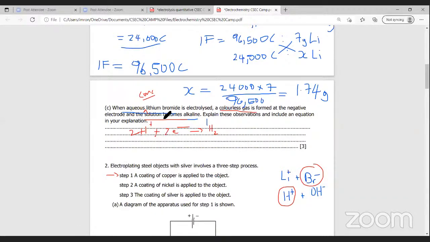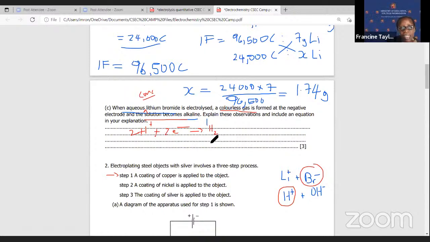It's only when you're explaining why the solution becomes alkaline that you need to say that the bromine is discharged at the anode. They didn't really have to tell you, but it would have been helpful. I hope that helps.